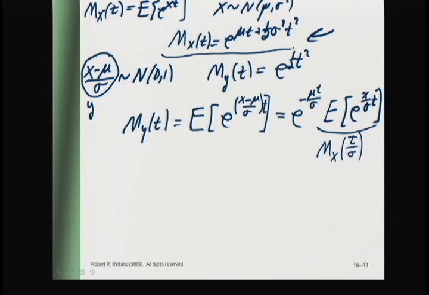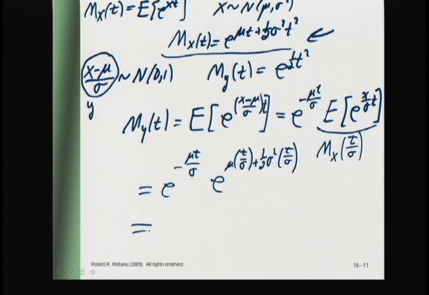When I do all the substitution, I have e to the minus mu t over sigma, that's the multiplicative factor we factored out. And then the moment generating function of this normal x at the point t over sigma is e to the mu, using t over sigma for t, plus a half sigma squared, again using t over sigma for t because that's where we're evaluating it. You just multiply that out, and lo and behold, you get e to the 1/2.